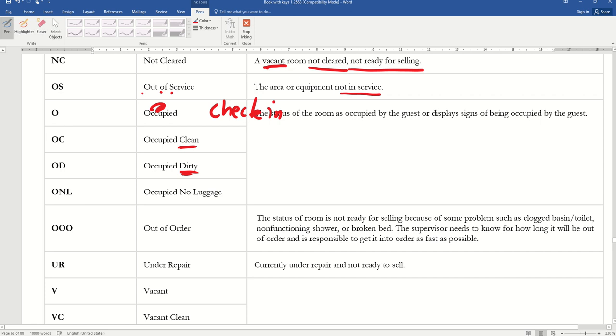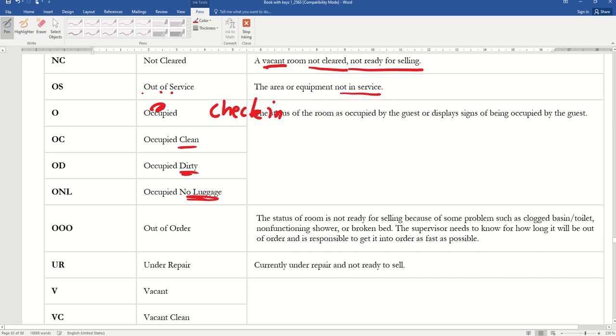But occupy dirty, guest check in, guest in the room, or guest in the room here means the guest checked in and occupies the room, but they can be somewhere else, not only in the hotel room. There can be some other places like tourist attractions or a shopping mall or wherever. But the housekeeper has not done the cleaning yet.